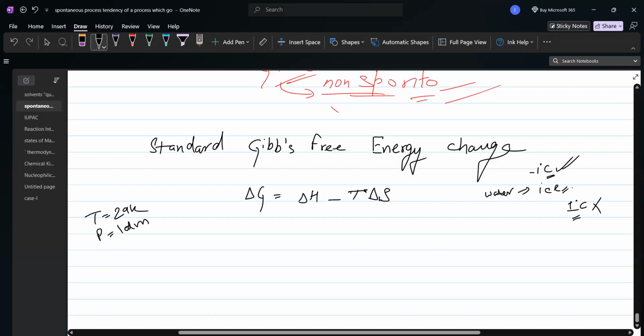At this condition, we will say that this is standard Gibbs energy, this is standard enthalpy, and this is standard entropy. Only there is a minute difference.